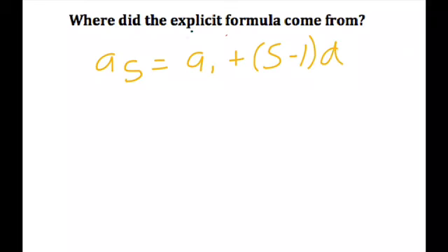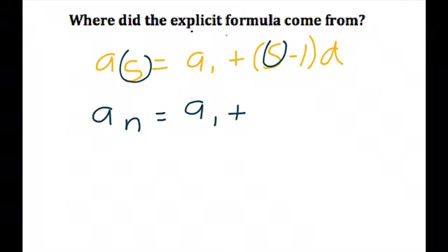Okay, so we're going to go back to a sub 5 equals a sub 1 plus parenthesis 5 minus 1 times d. If I have a sub n equals a sub 1 plus, instead of a 5 right here, which came from here, I want to take this n and put that right here, n minus 1 times d.